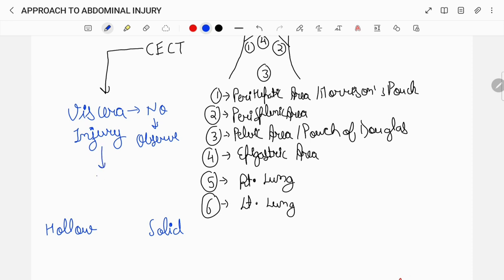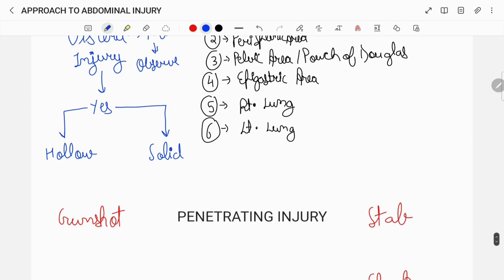If there is a viscera injury, then we see whether it is a hollow viscus or a solid viscus injury. If it is a hollow viscus injury, then we go for exploratory laparotomy. And if it is a solid viscera injury, then we go for the grade wise management.